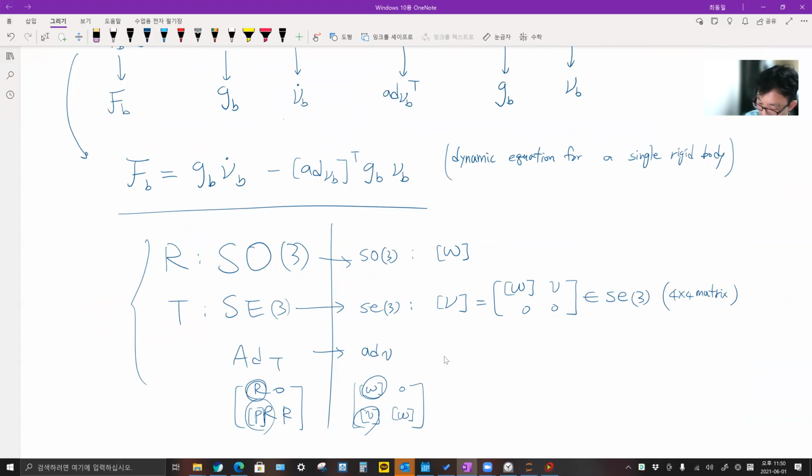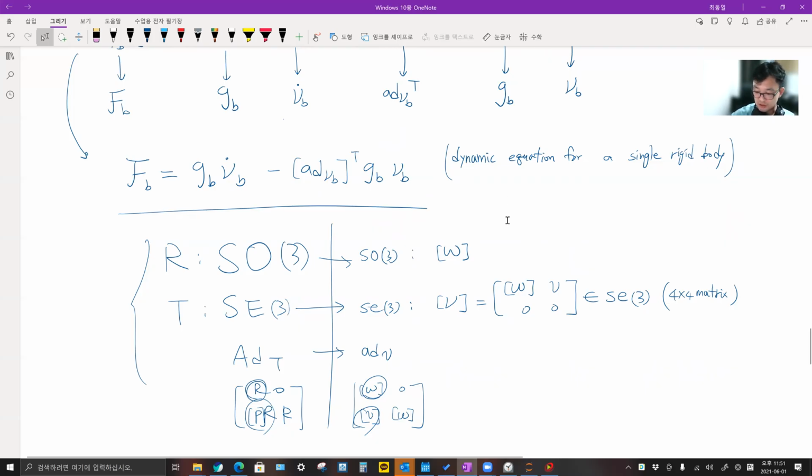And this one is a very simplified form. So as a result, we found a dynamic equation which can be used in modern robotics style.